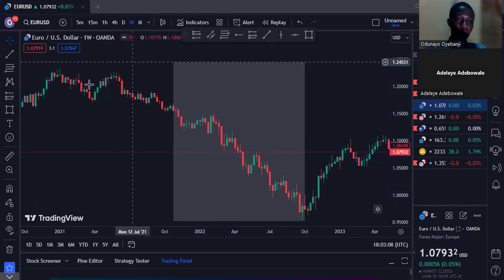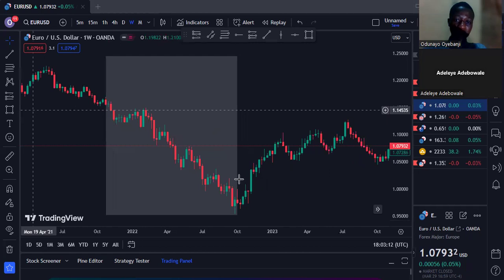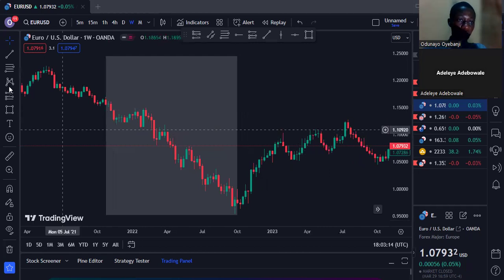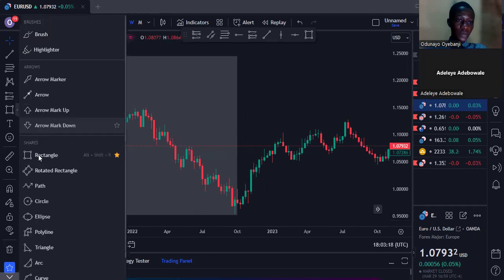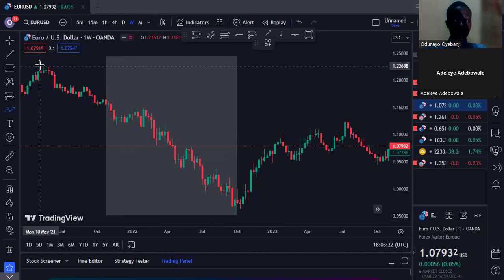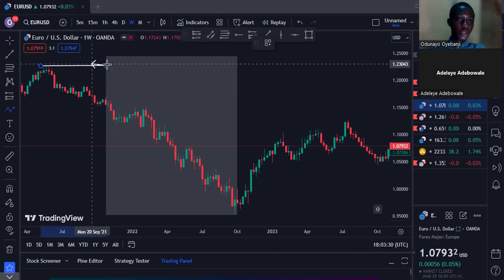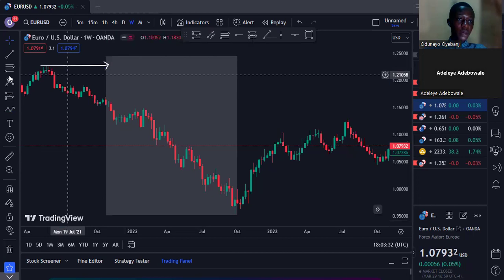So let's say this is what we have. Don't look at this part of the market. Focus on these points I'm marking out right now. Let's say we came into the market and we saw this high.